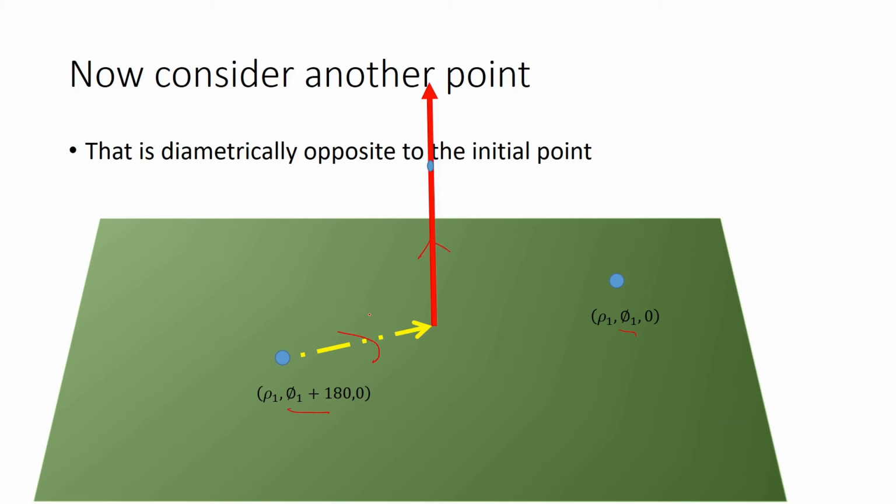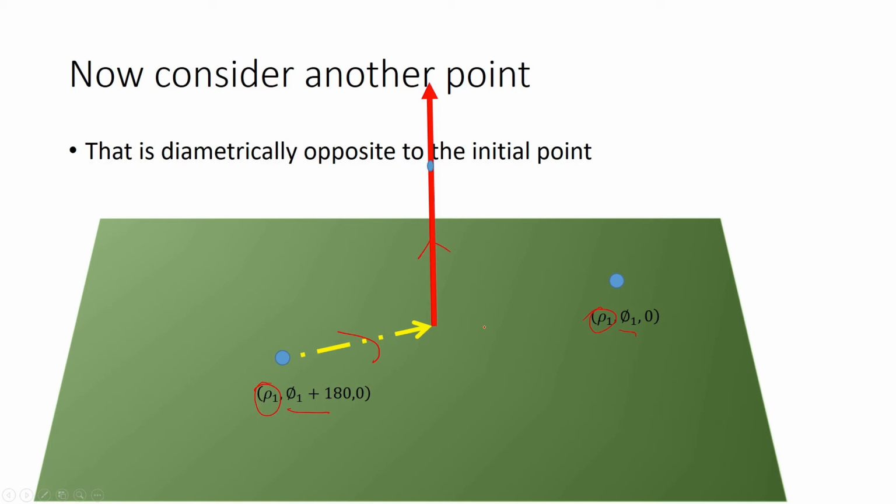Understand that the value of rho did not change in both the cases, because they are diametrically opposite, they lie on the same circle. Only difference would be the angular displacement. The angular displacement here is 180 degrees more than this.